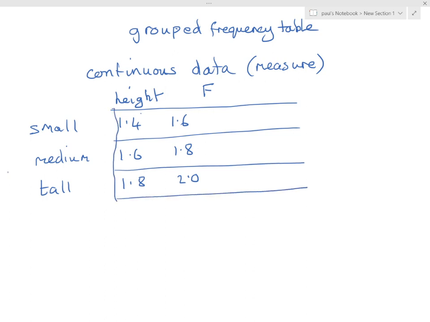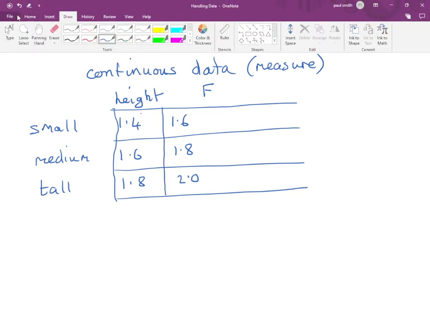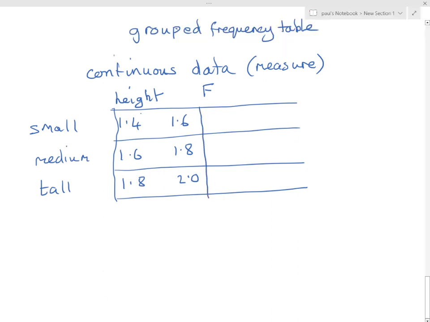Ooh, bit bonky. I didn't need a line there. I wonder if I can go back, take that line out. Frequency. So we've got the frequency, and this time you will have 2 columns over to the right that we don't know what they're for.